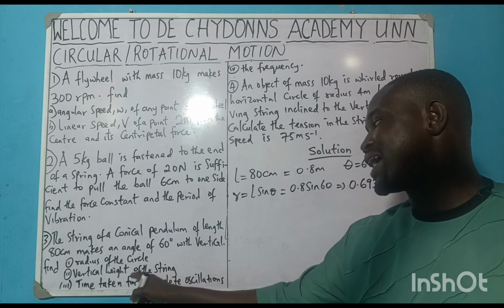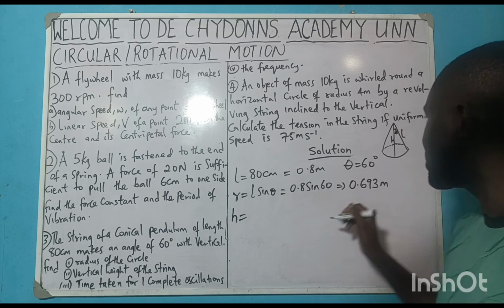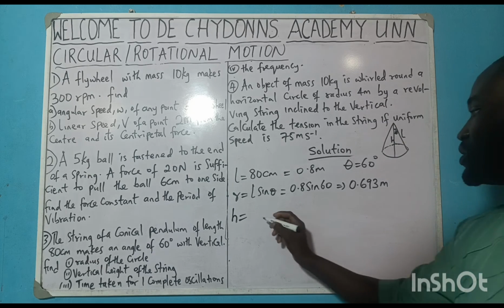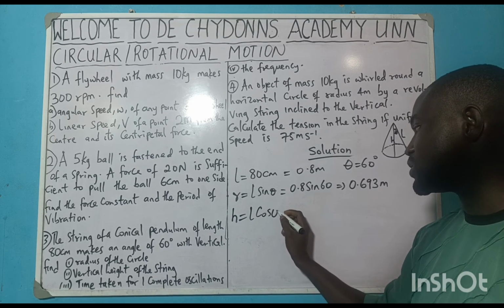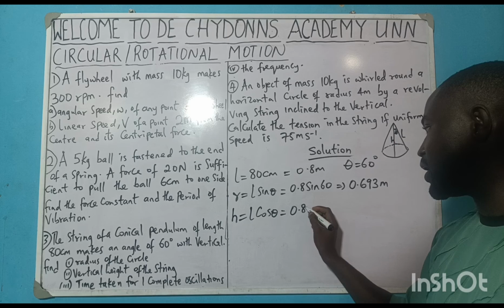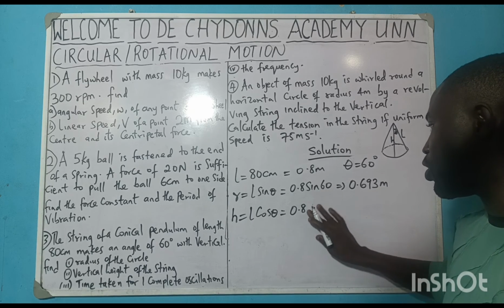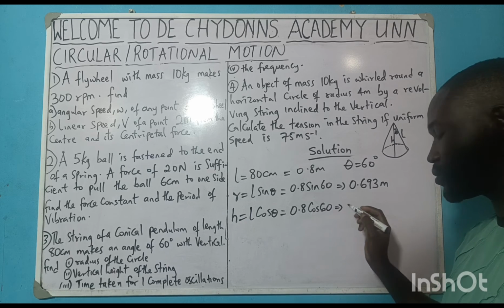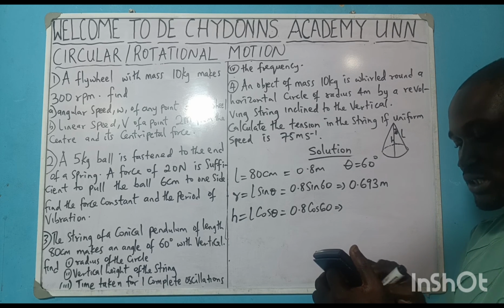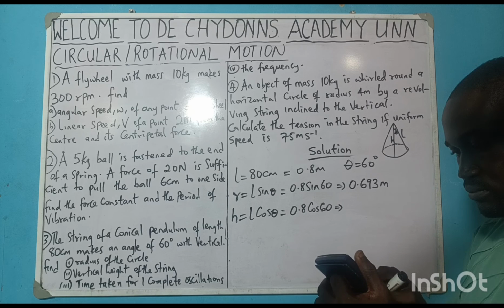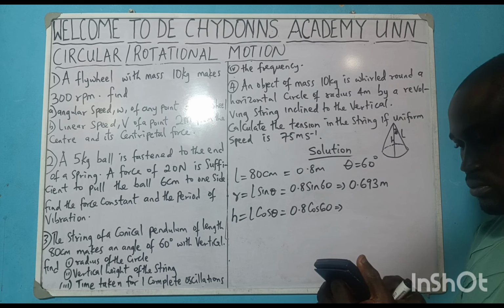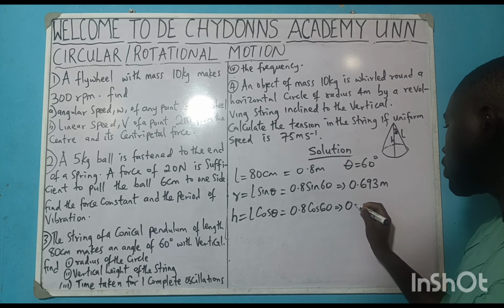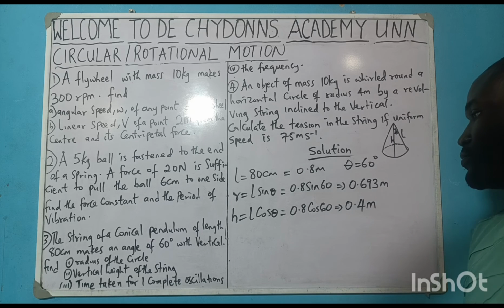Then the vertical height of the string h, we say it is L cos theta, which is 0.8 cos 60. That will be giving 0.4 meter.